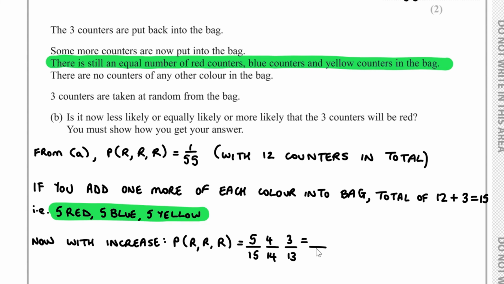So if we work out this total, we get 60 over 2370, which is 2 over 91. So this is if we add one more of each colour.